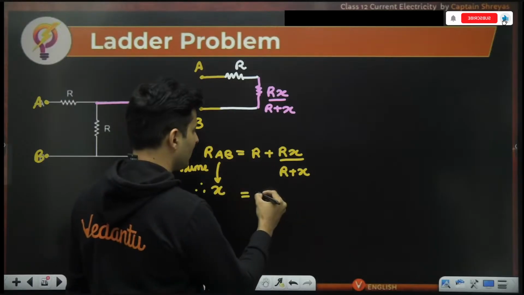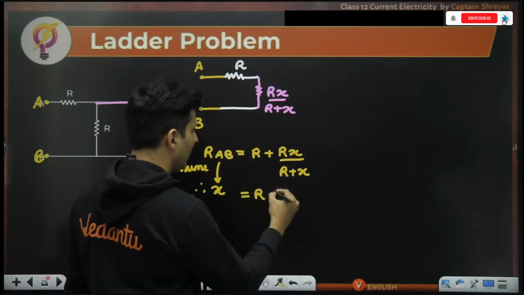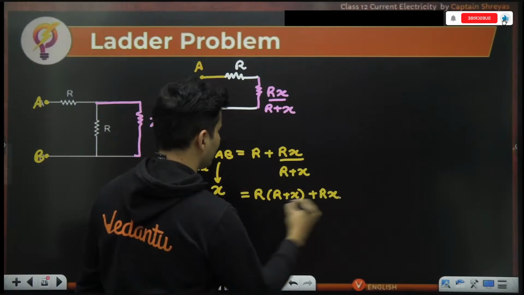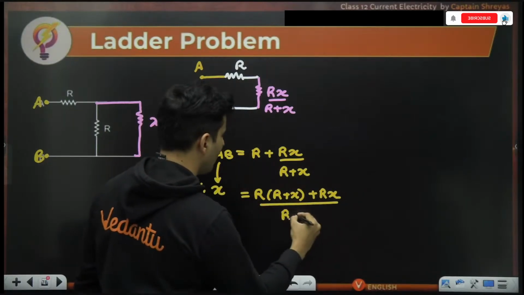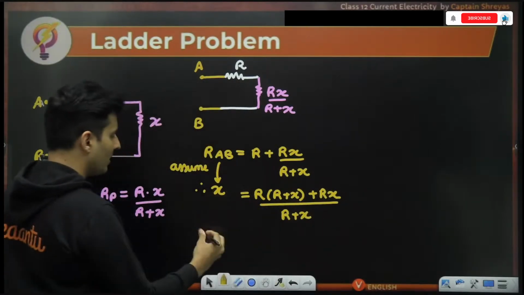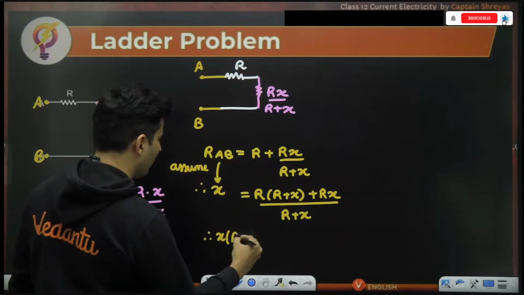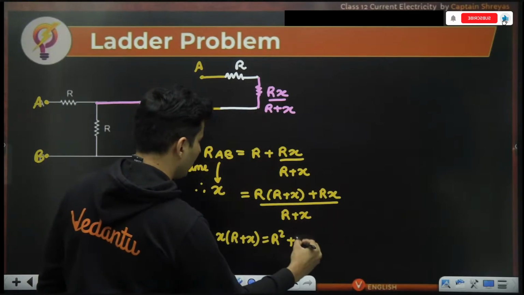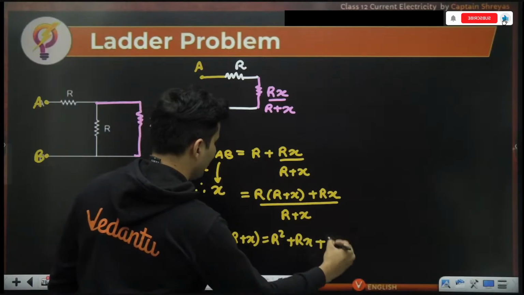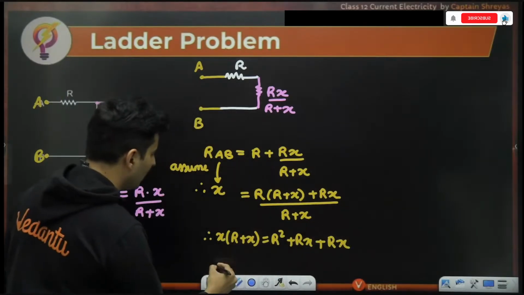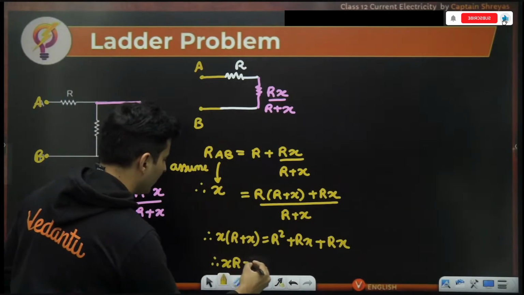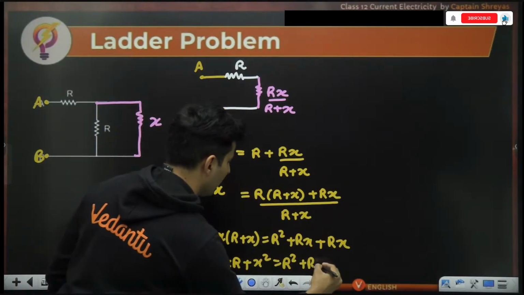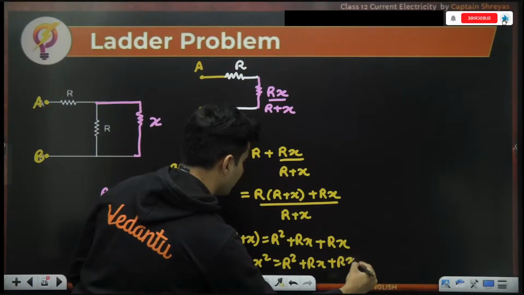Here we can just take LCMs, like R into R plus X plus Rx, the whole thing divided by R plus X. Now multiply over here. So X multiplied by R plus X is equal to R square plus Rx plus Rx. Opening up the brackets, XR plus X square is equal to R square plus Rx plus Rx.